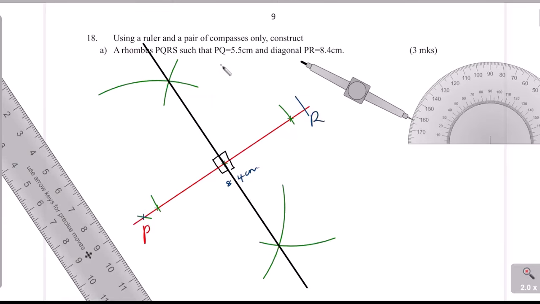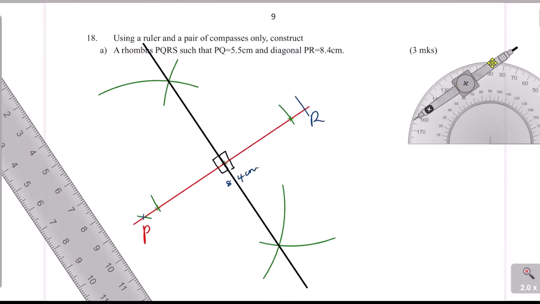So now since PQ is 5.5 centimeters, I'll take a measurement of 5.5. Simply take a measurement of 5.5 centimeters with the pair of compasses and stand with that measurement at P. So 5.5 is there.